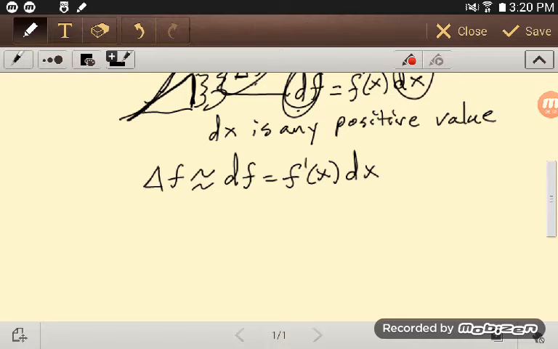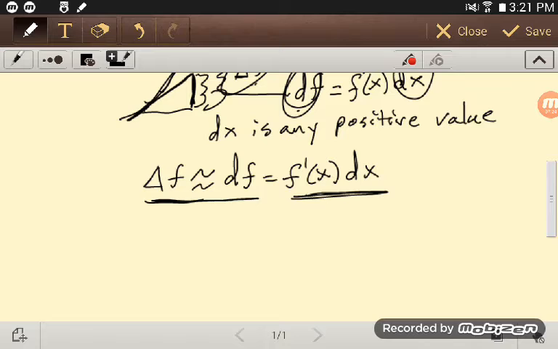But so we have df is similar to a change in delta f. I just wanted to get across this idea of that approximation using that calculation, and the fact that this dx is nothing special, it's just delta x.